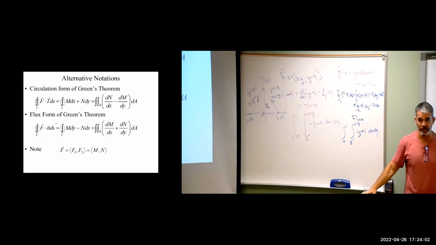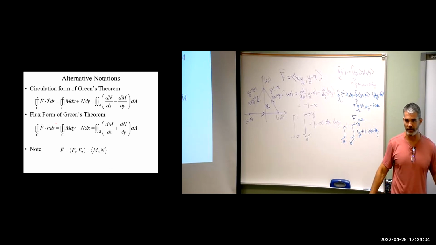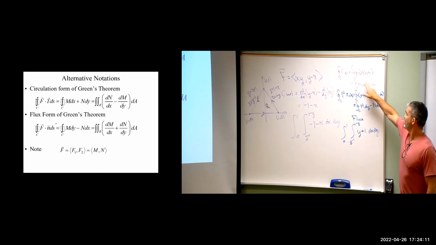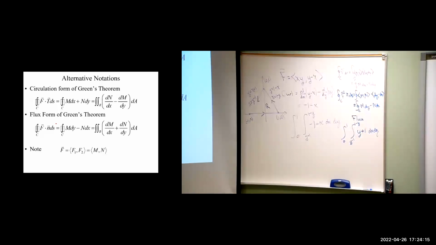Again, not something you have to memorize, something I would expect you to put on your note card, but I just want you to be aware of these different representations and why this one came out as plus and minus, whereas over here, it's minus and plus. The only reason it's minus and plus here is because we're doing the curl, because we're going with our path, plus because we're doing the flux, because we're going perpendicular to our path.